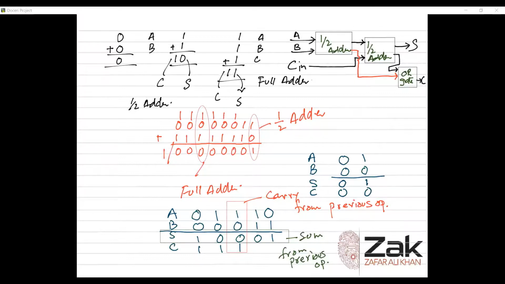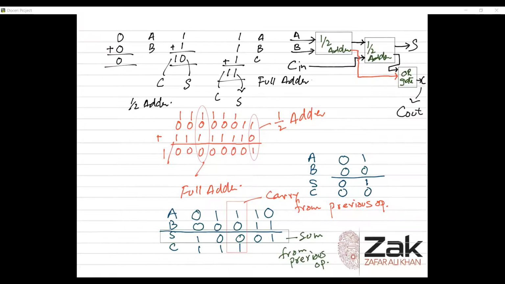This is what I was trying to imply: when two half adders are put together, the output of the first half adder enters as input of the second half adder. The output of the first half adder is ORed with the second output of the second half adder, the carry of the second half adder. The result is the C out. This is C out of the full adder.